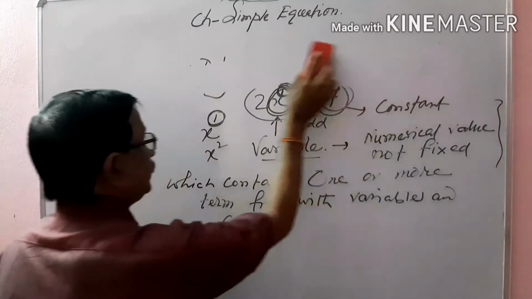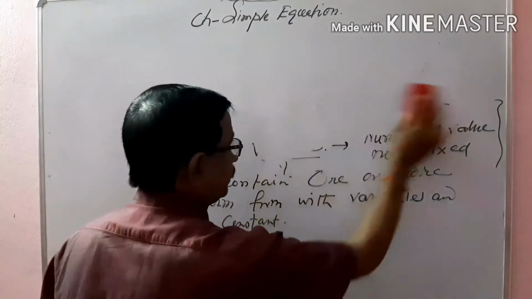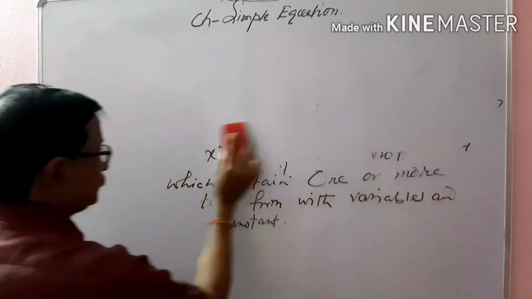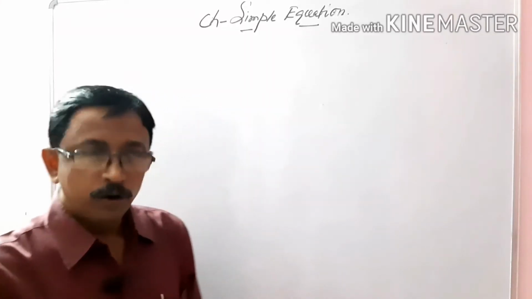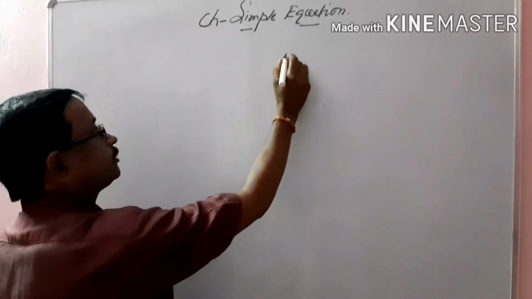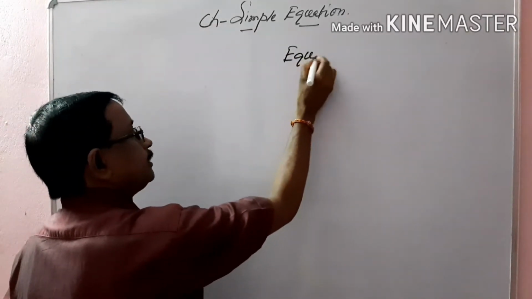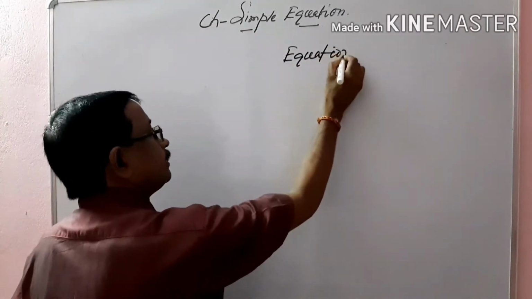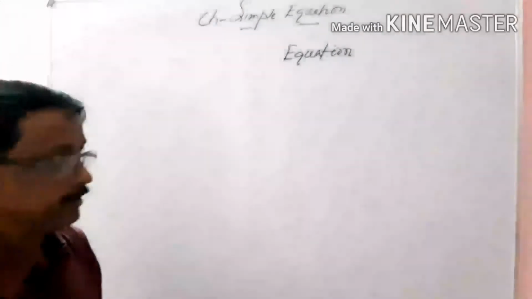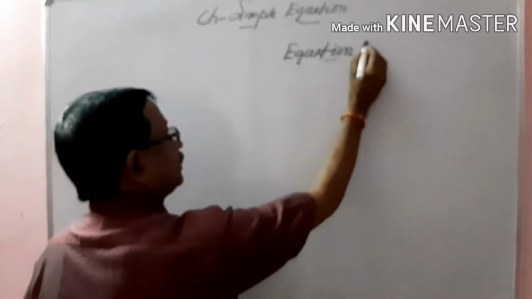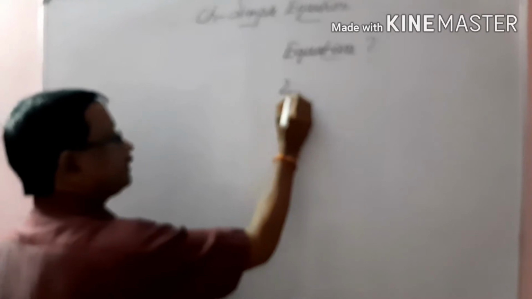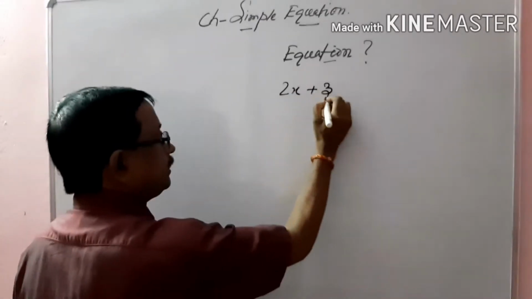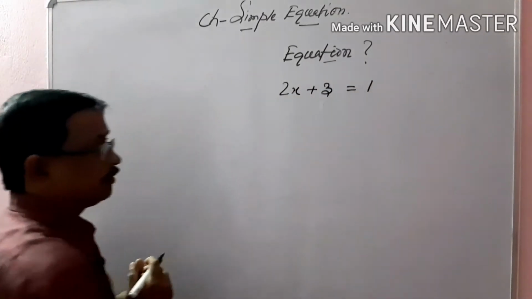Next come to equation. Okay guys, now I am telling about equation. In case of equation, there are some points you have to understand. I am taking one example to make you understand. Say I am writing 2x plus 3 equal to 1, okay?